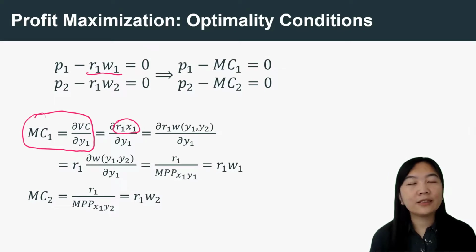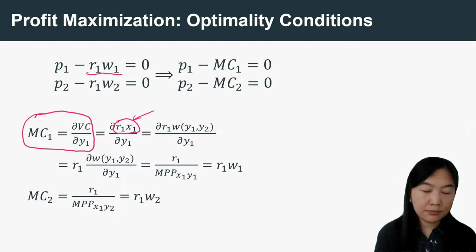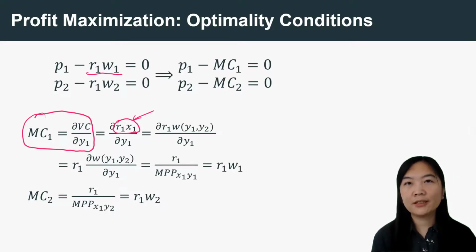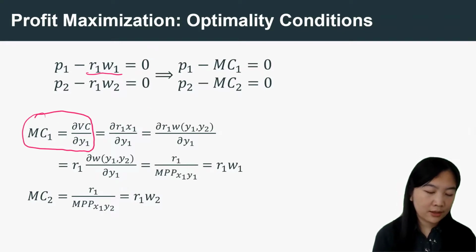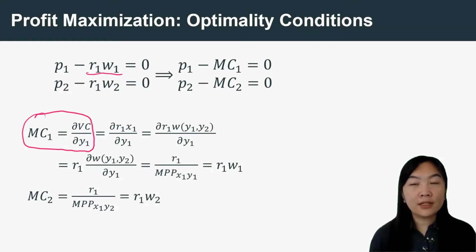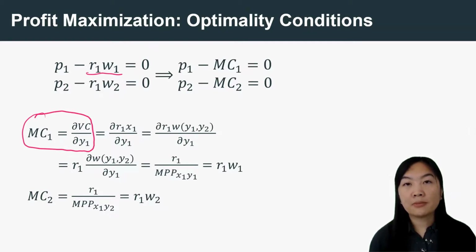So again, you have to be careful here. In this course, we only cover the case of two outputs, one single allocable input. When there are multiple inputs as well, then this is not your variable cost. This is similar to our case of multiple inputs, one output. In order to find the variable cost function, you actually have to solve a cost minimization problem.